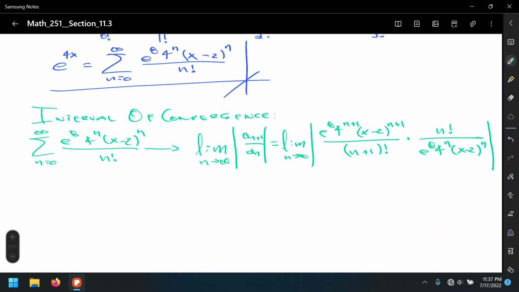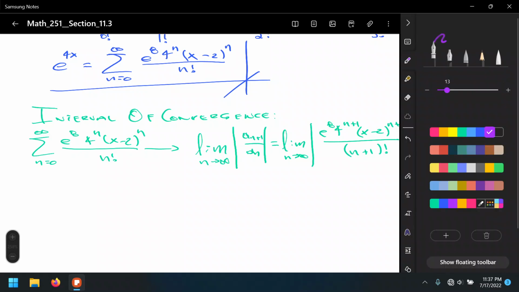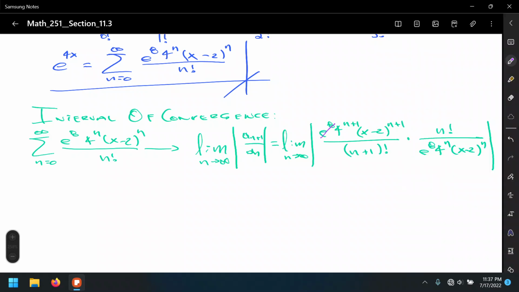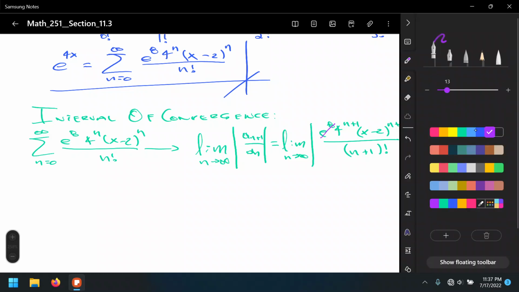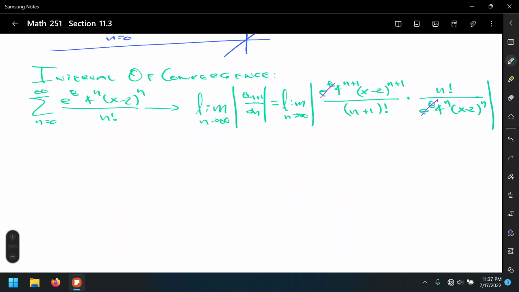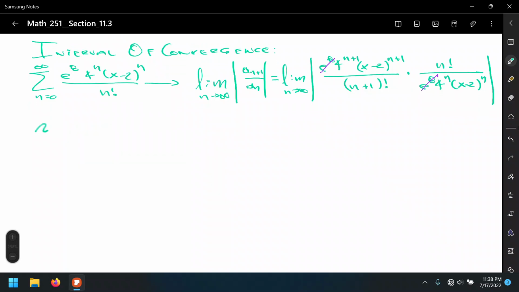Number one, let's do a few simplifications. Notice how this e to the 8th can cancel, and also let's rewrite (x minus 2) to the n plus 1 as (x minus 2) to the n times (x minus 2), and 4 to the n plus 1 as 4 to the n times 4. Then I'm going to simplify the factorial, writing n plus 1 factorial as n plus 1 times n factorial, to match with the n factorial.